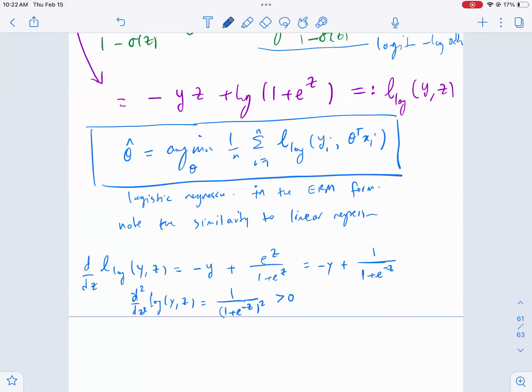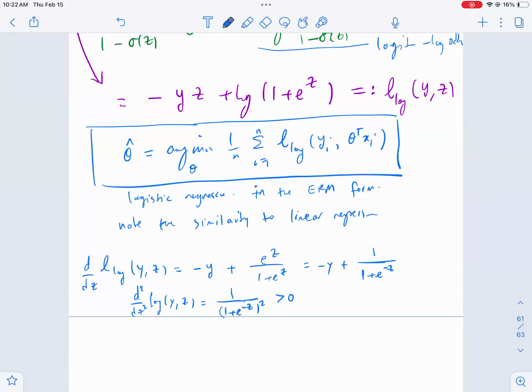So because it's convex, we hopefully have little trouble optimizing. If you do gradient descent, I'm hoping that I'm going to descend to the global minimum.